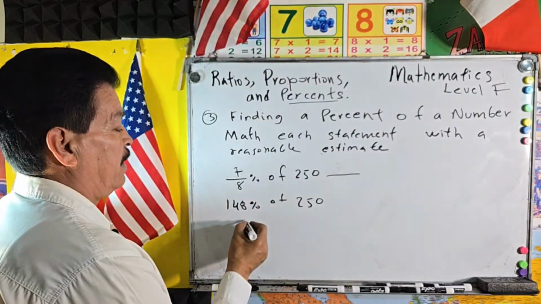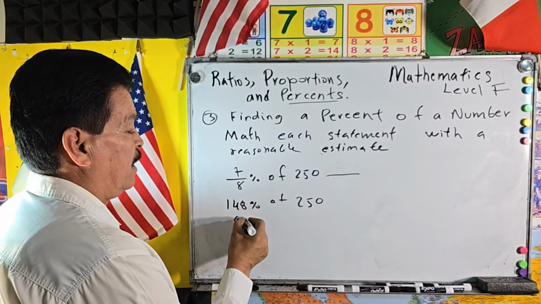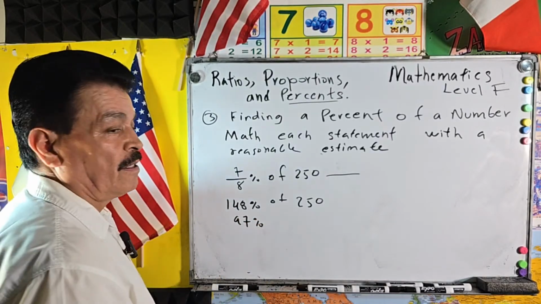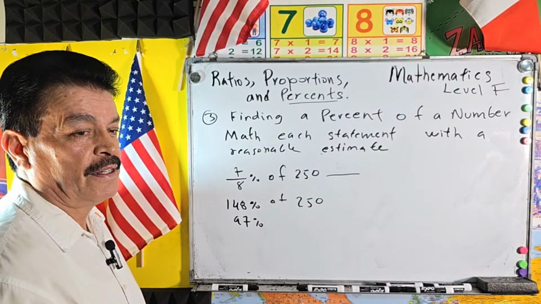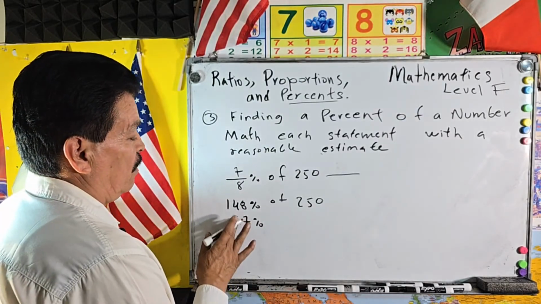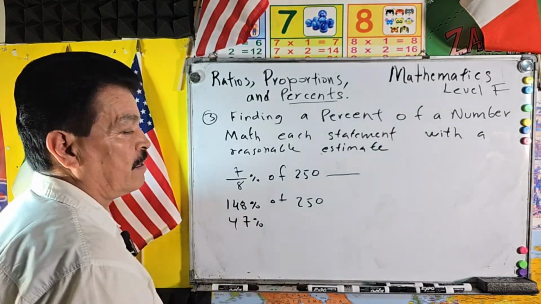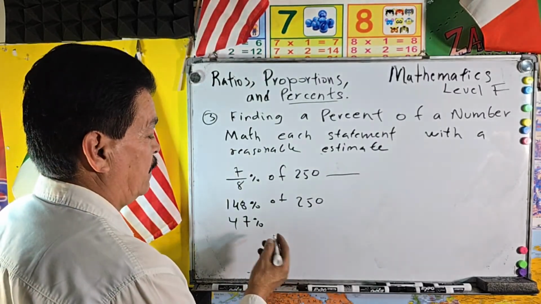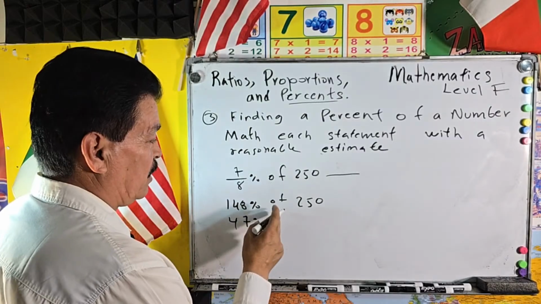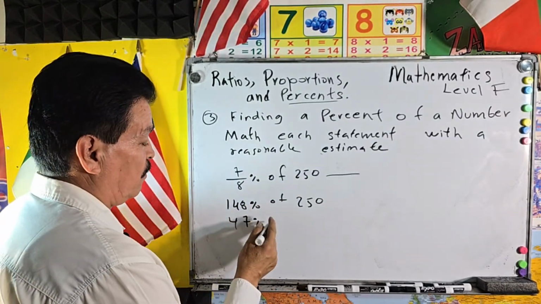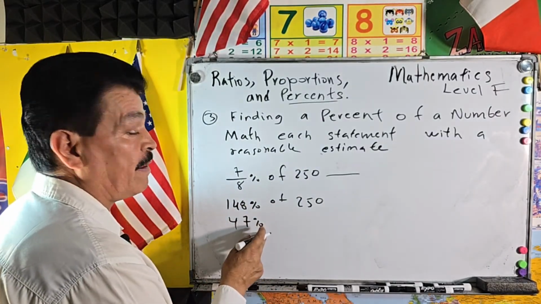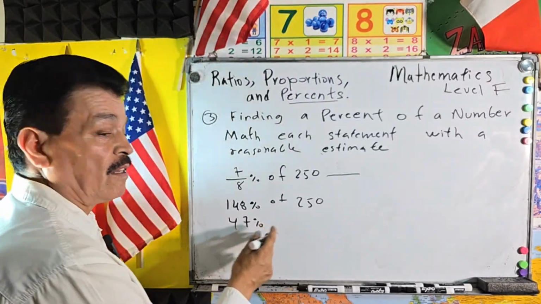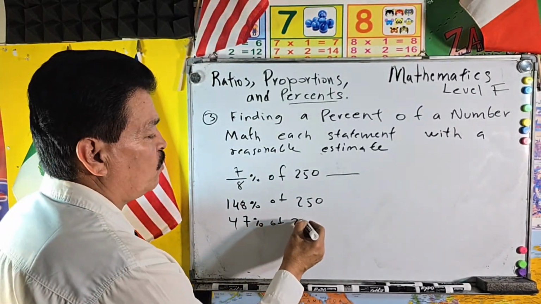And then 97. Let's write 47% of 100%. Sorry, I don't know which I'm talking about. 47% of 250.